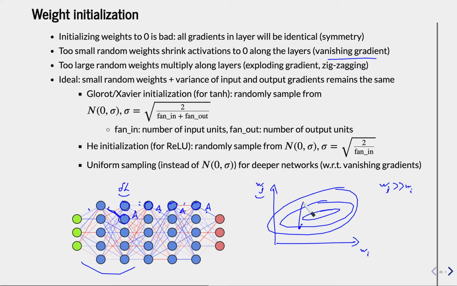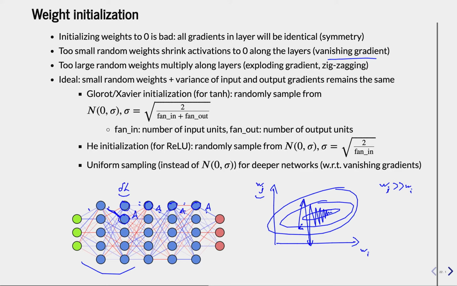So you have a big update in this direction and a small update in this direction. And of course, you see you overshoot, you want to turn around, but the only way to do that is to do something like this because this W is still large. And so what will happen is you will have to zigzag to go down to an optimum. So that's definitely something you want to avoid.